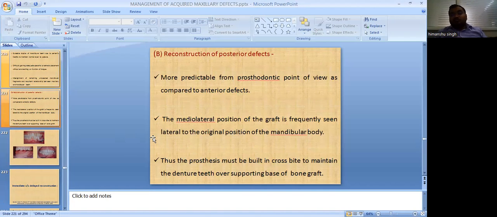Now, reconstruction of posterior defects. More predictable from a prosthodontic point of view as compared to anterior defects. The mediolateral position of the graft is frequently seen lateral to the original position of the mandibular body. Thus, the prosthesis must be built in crossbite to maintain the denture teeth over the supporting base of the bone graft.